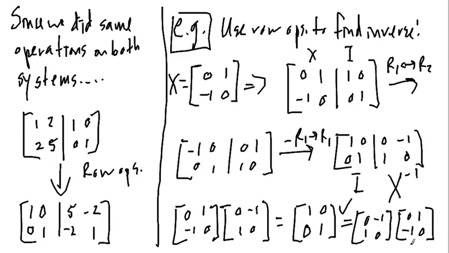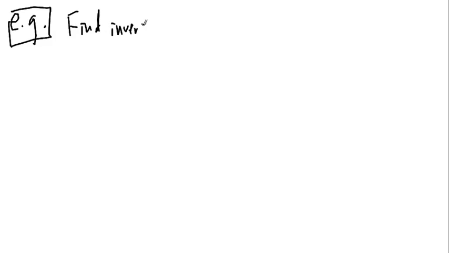And let's do something just a little bit more difficult. Why not? Let's find the inverse of, let's say, I don't know, 7, 4, 2, 1.